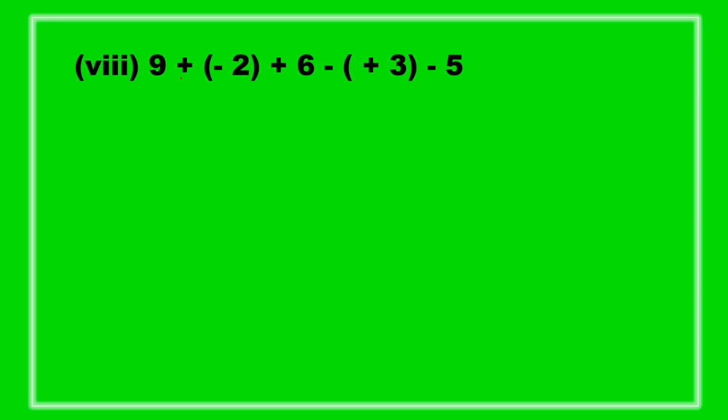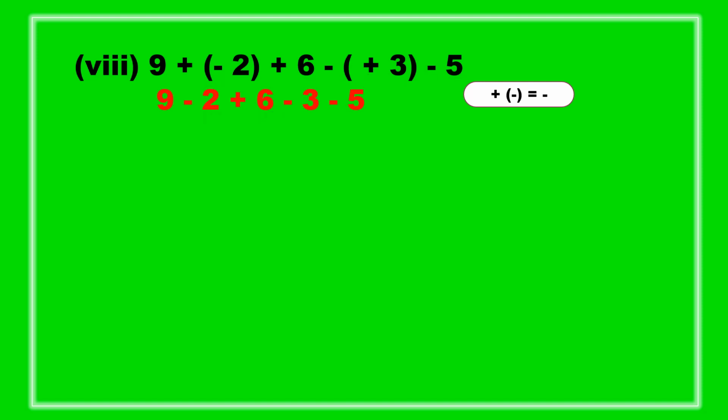So let us take the rule here, plus into minus and minus into plus is minus only. So by removing the brackets, we'll apply the rule here. So 9 minus 2, here minus 2 plus 6, I have written plus 6. Now minus into plus is minus 3 and minus 5. Okay. So the first step, removal of brackets, is finished.